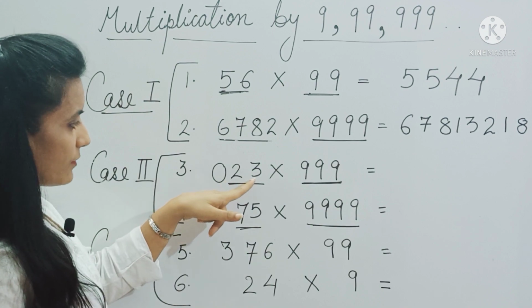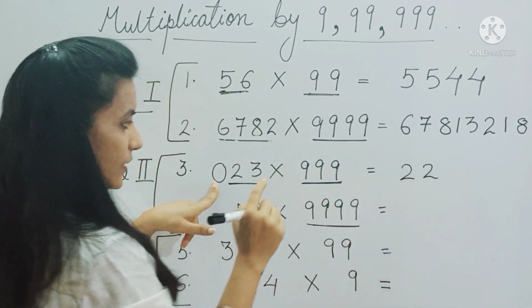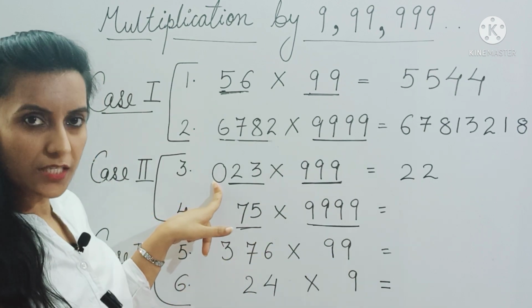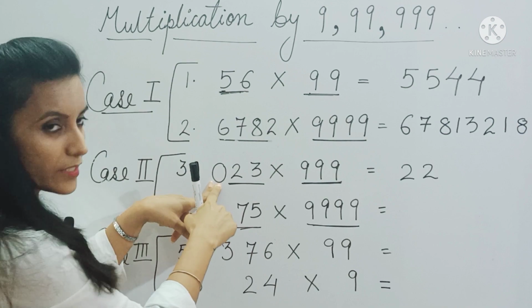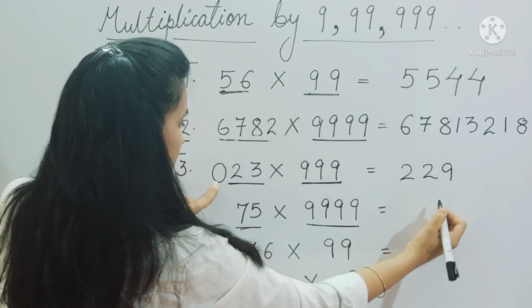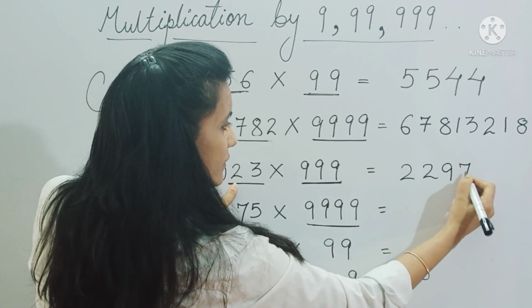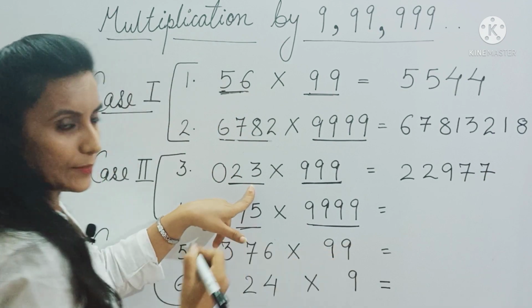So 23 minus 1 is 22 and apply all from 9 last from 10 in the complete number. Take 0 also into that. So 0 plus 9 gives you 9, 2 plus 7 gives you 9 and 3 plus 7 gives you 10.